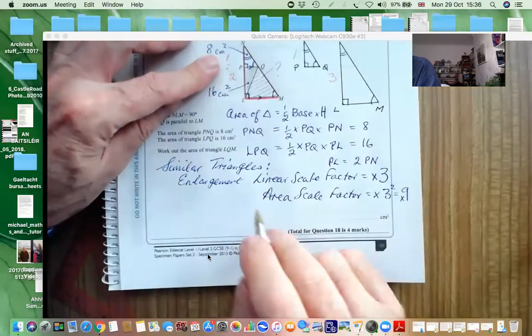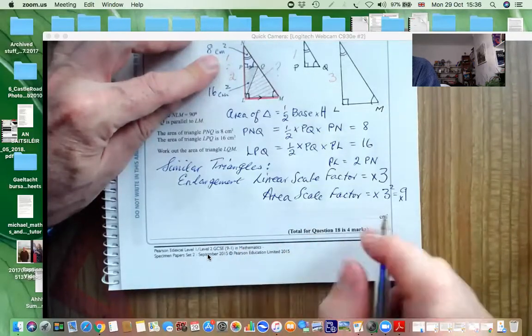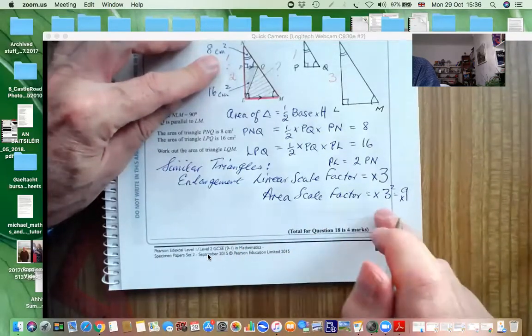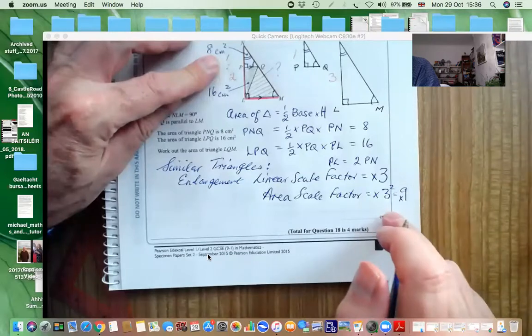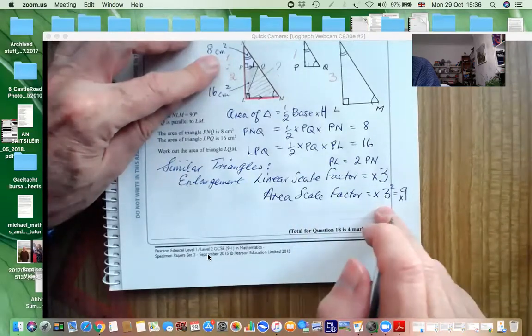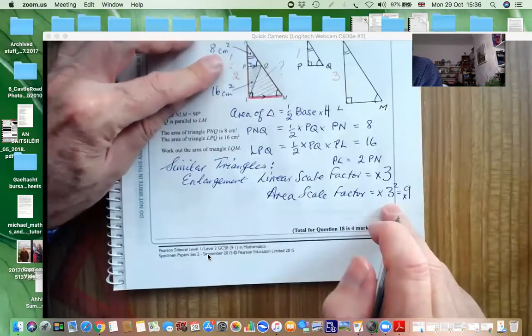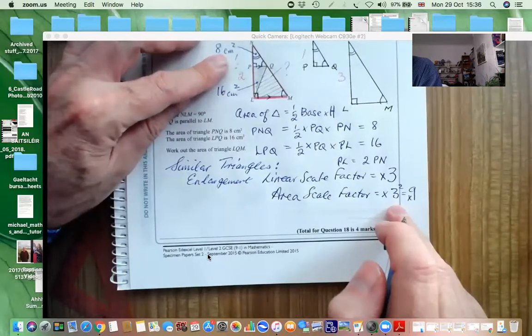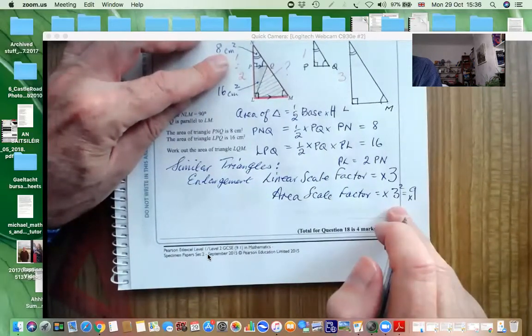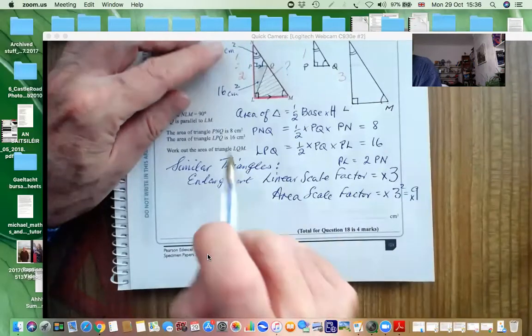And of course, if we were to go to a volume scale factor, the volume scale factor would be 3 to the power of 3, which would be 27. But for this question, we just need to go to the area scale factor, times 9.